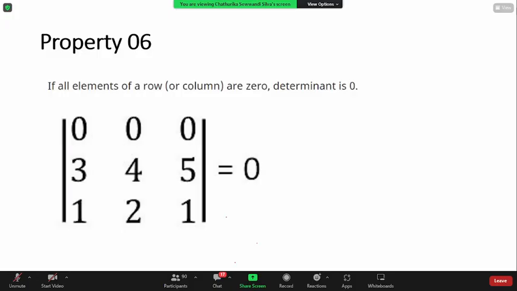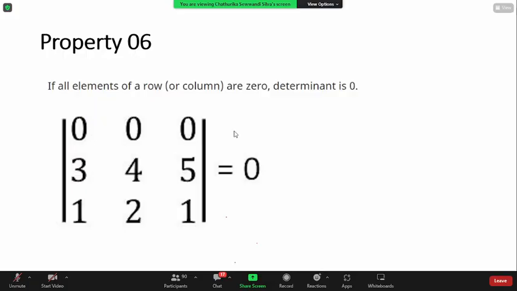So next, there's a property number 6 also. It's not a principal property, but it is a very simple property. If all elements of a row or a column are 0, the determinant is 0. Normally you are accustomed to finding the determinant with respect to the first row.